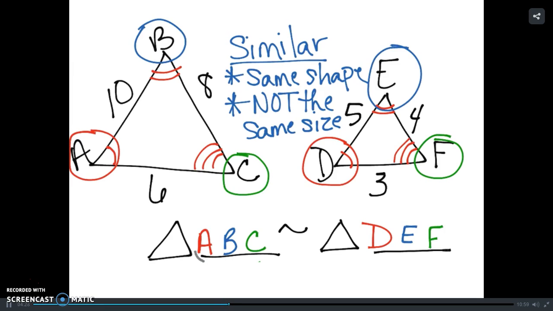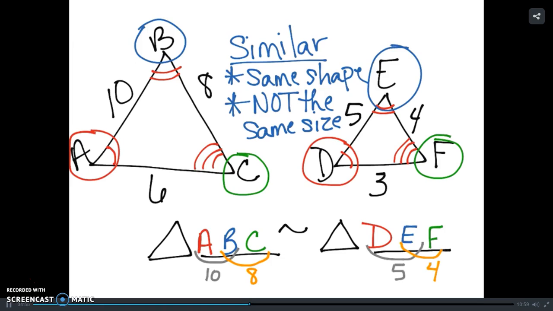For example, AB, which was 10, is going to be proportional to DE, which is 5. And BC, which is 8, is going to be proportional to EF, which is 4. Then you always have the first and the last letter, and those make up the third side, and those will also be proportional. There's just not an easy way to label that on here.